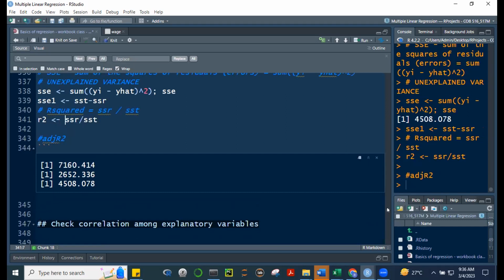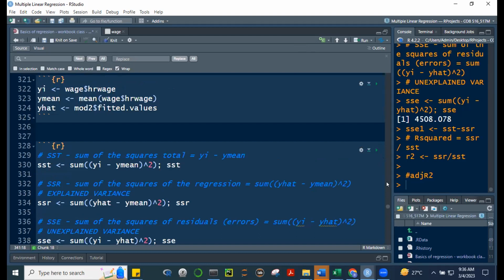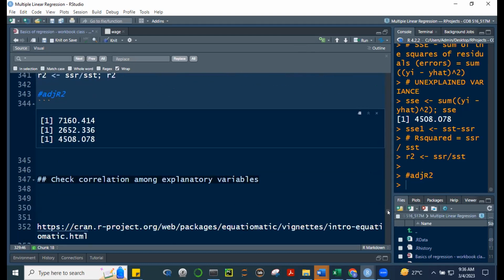What happened to our R2? And it didn't print R2? Ah, sorry. I didn't include R2. Okay, sorry about that. All right, so this should print now.